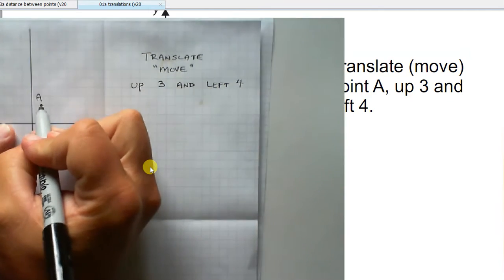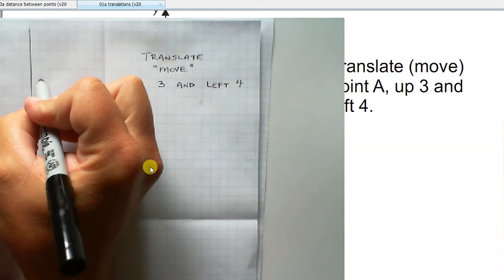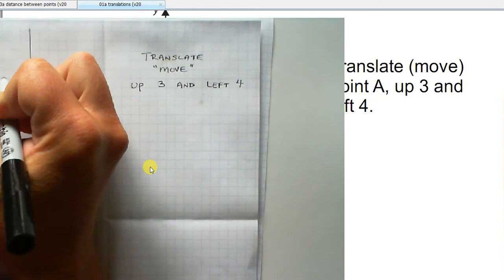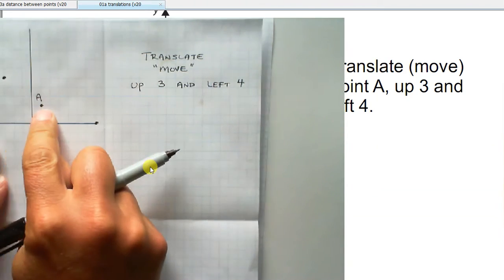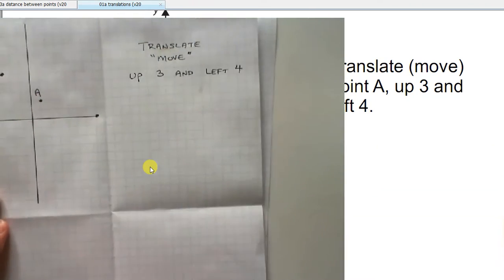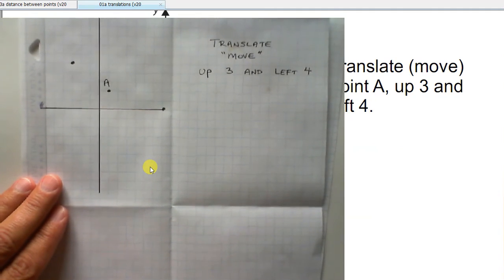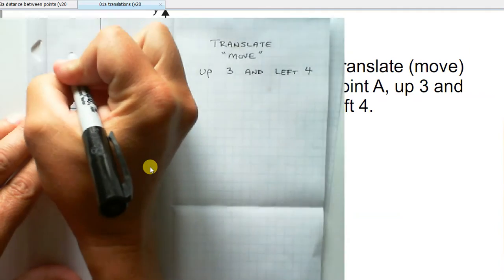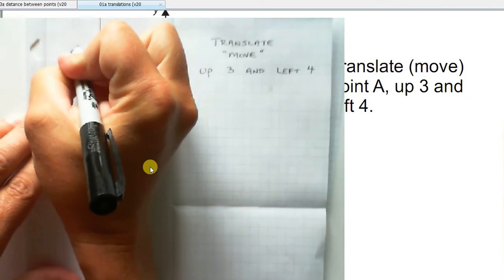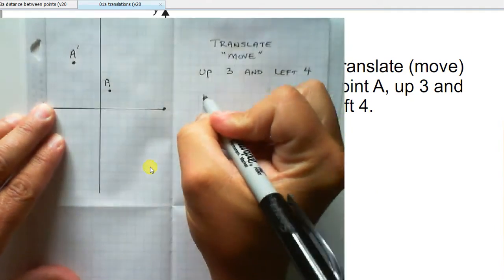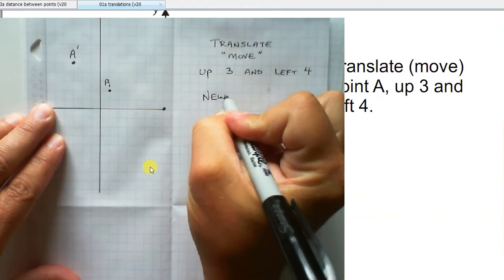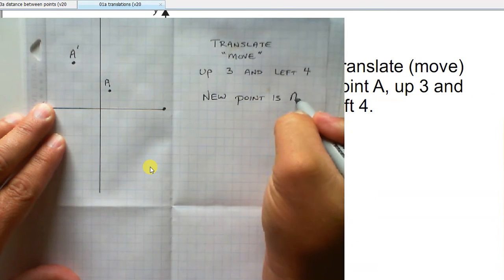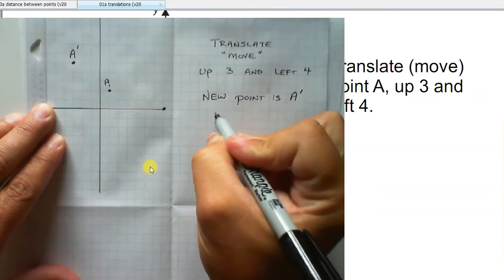So we're going to take this point, we're going to move it up 3, 1, 2, 3, and left 4, 1, 2, 3, 4. So this point is now, oh, I'm off the page, aren't I? It's now right here. And we call that A prime, the new point.